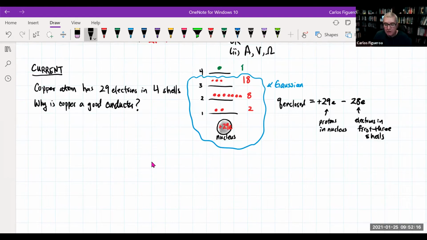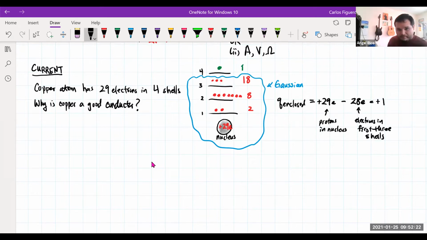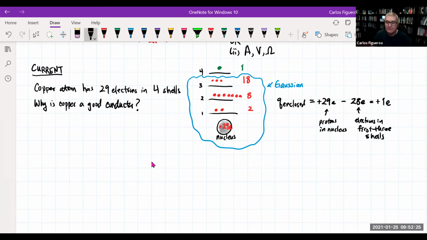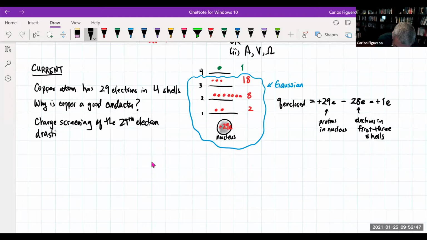So the effective charge that the 29th electron sees is 1 electron charge. So all of a sudden, the charge screening of the 29th electron drastically reduces the electrical attraction.